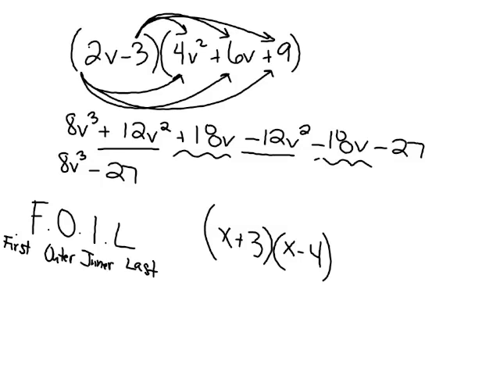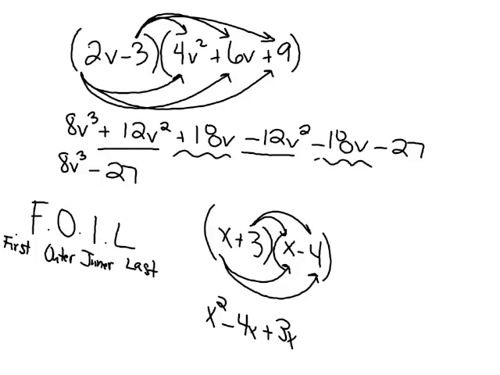First, that's the first terms of my brackets: x times x. And then my outer terms, this one and that one, so it's x times 4. Positive or negative? Negative. Then my inner terms are these two in the middle, plus the 3x, and then my last terms, negative 12.